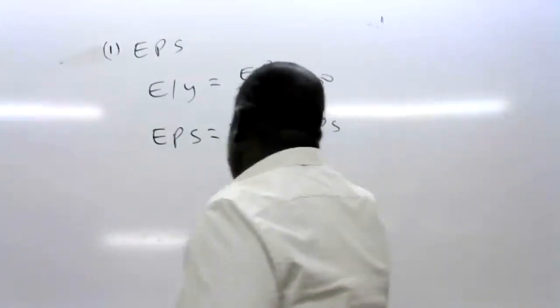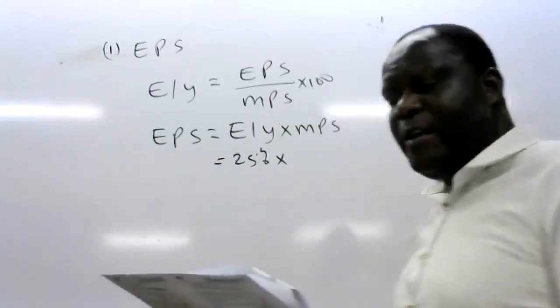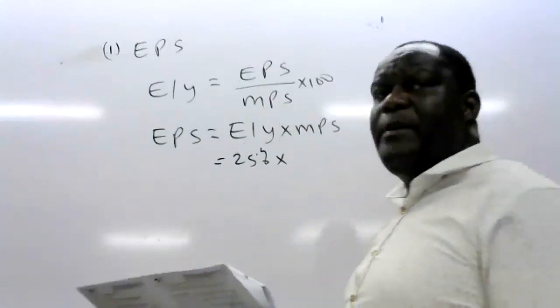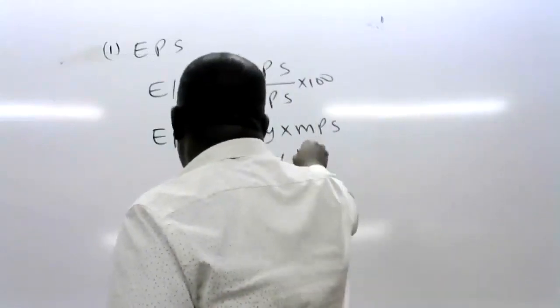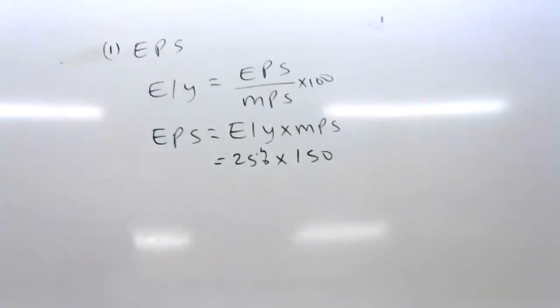So you take the 25% multiplied by the market price per share, which has been given as 150.